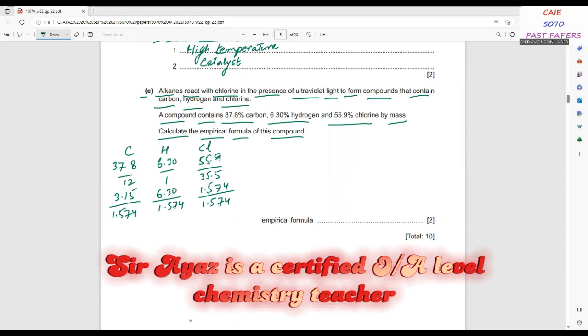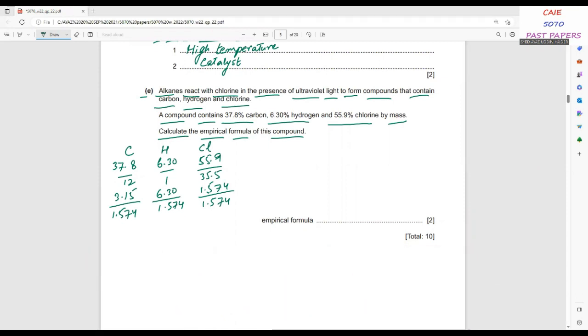So 3.15 divided by 1.574 is 2 for carbon. 6.3 divided by 1.574 is 4 for hydrogen, and chlorine will get 1. So the formula will be C2H4Cl.